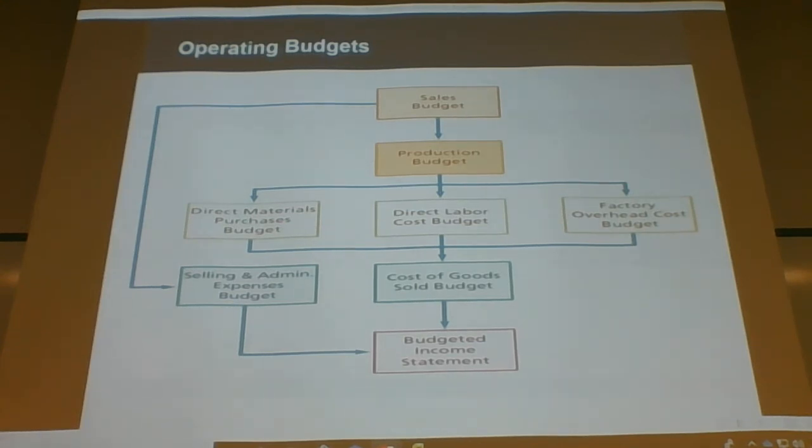These are just costs for the period. We actually call those period costs. And if we take this and we follow it on down, we take our cost of goods sold, our product costs, and our period costs, and hopefully at the end we will have a budgeted income statement that is in the black, showing net income.